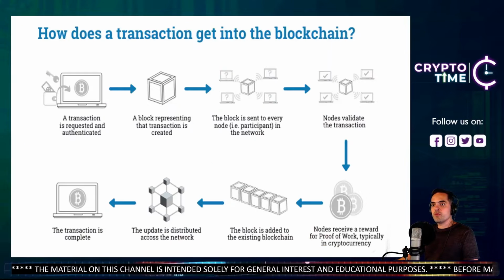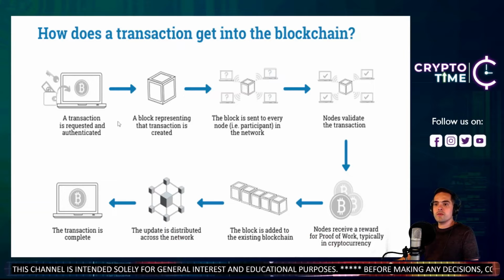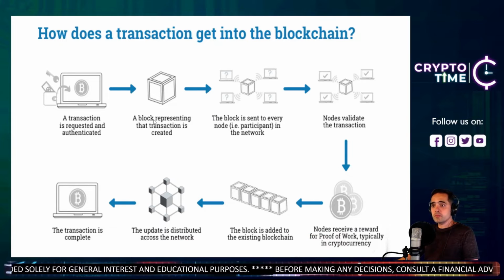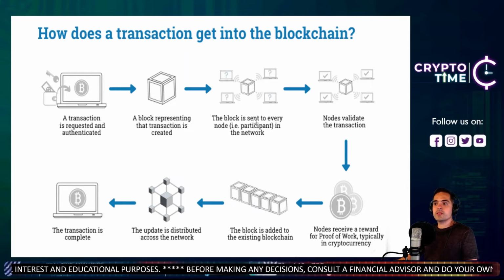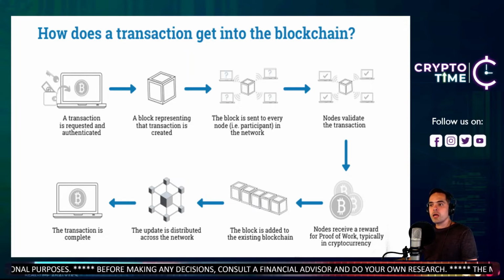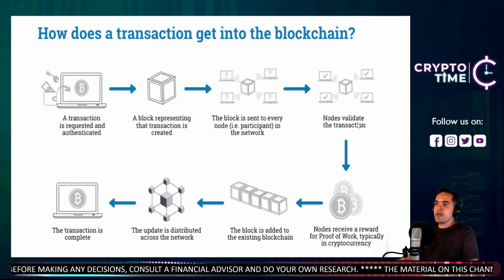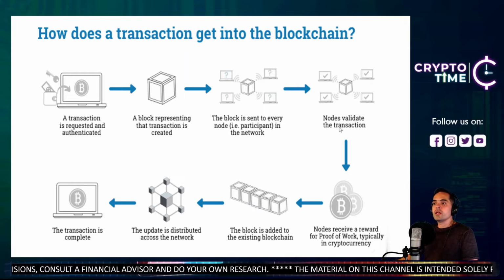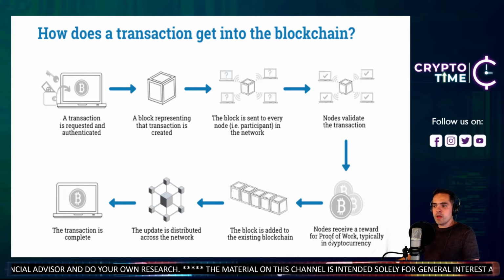Okay, so let's move on. Here, once again, is another way to see it. The transaction is requested, and then a block representing the transaction is created, and that block is sent to every single node or participant in that network. The nodes validate the transaction, and again they will have the proof of work.